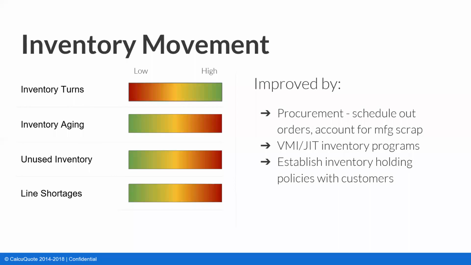In terms of how you can improve this, the first part is still kind of the same. You can improve your procurement, you can improve your inventory programs and set some of those up with your suppliers. And the third point, which I want to emphasize here, is that one of the things we do see sometimes is that you set up inventory holding policies with customers.